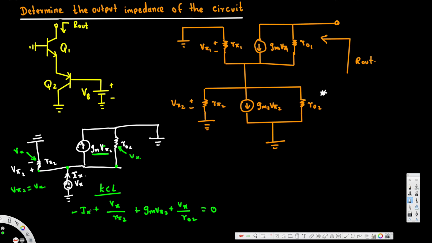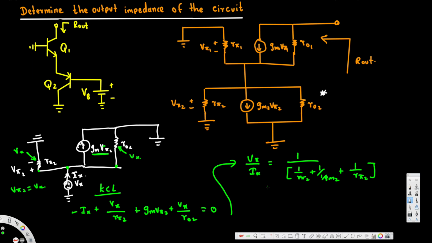From this one you can bring this Ix to this side and take Vx common. Okay, let's simplify this one. If you rearrange it, that's the easier part. If you arrange it in a way that we want Vx over Ix, we will finally end up with 1 over R pi 2 plus gm2 plus 1 over RO2.